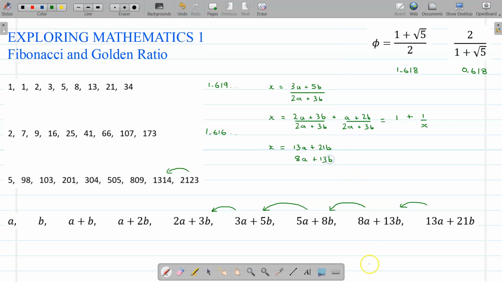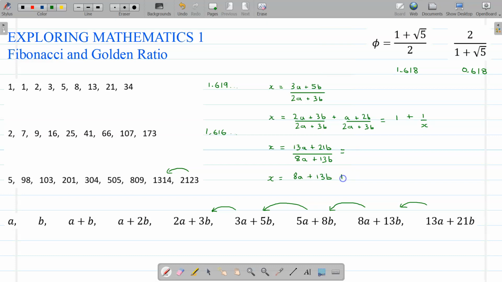What I'm going to do this time is split it up in exactly the same way. I'm going to say that can be written as, let's put it underneath here like we did last time. So I can say that x equals 8a plus 13b. So I'm taking out of the 13a here an 8a plus a 13b.